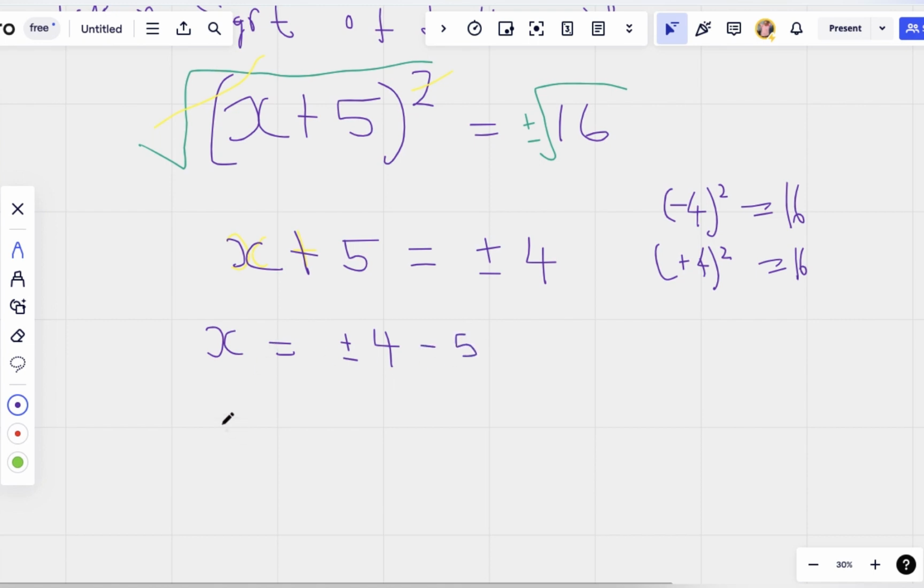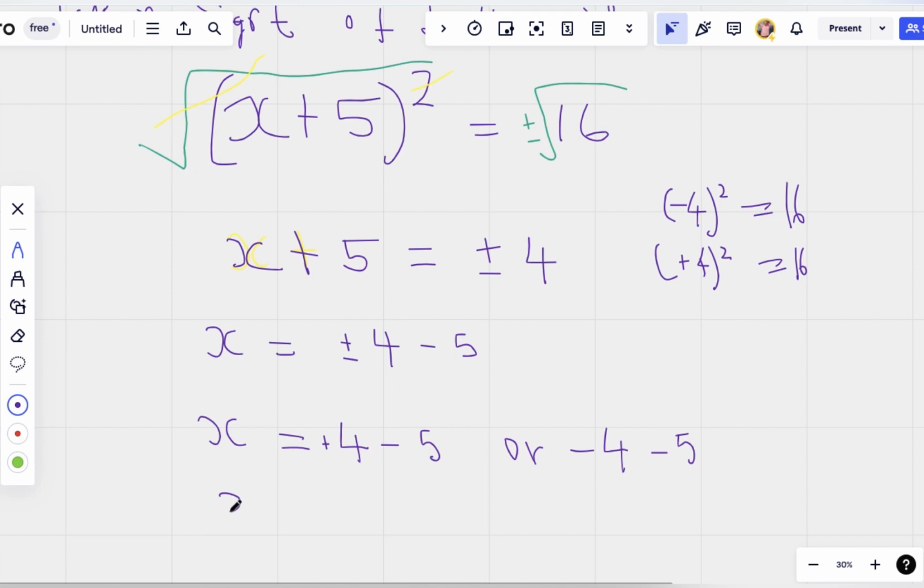Now to get two answers, I will separate this plus minus into plus 4 and minus 4. In the first instance, I will say plus 4 minus 5. Then minus 4 minus 5.